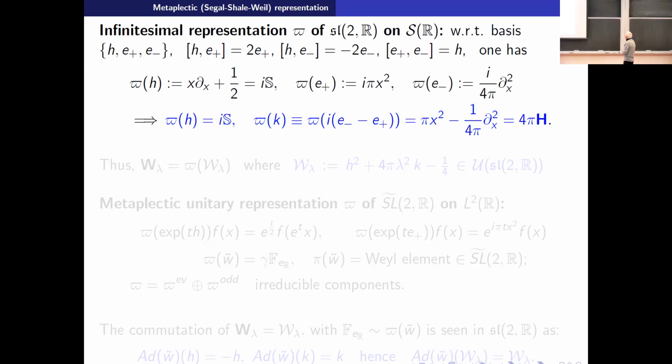So this is a standard basis in which H is the matrix. These are all 2 by 2 matrices. So H is the diagonal matrix 1, minus 1, with 0 off diagonal. E plus and E minus are with 0 everywhere except in one corner, lower corner for E plus and upper for E minus. So that's a standard basis of SL2.